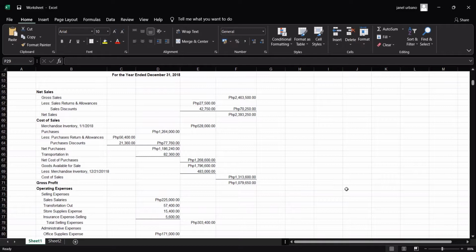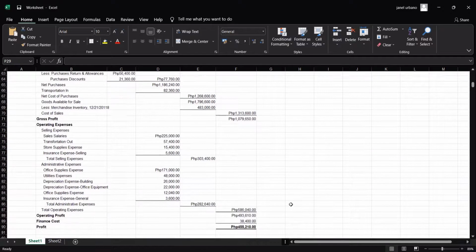I-add yung beginning inventory, we will get the goods available for sale. After getting the goods available for sale, ililess yung ending inventory na 483,000. Hanggang makuha yung 1,332,600 na cost of sales. And yung net sales, minus the cost of sales, we will get the gross profit.